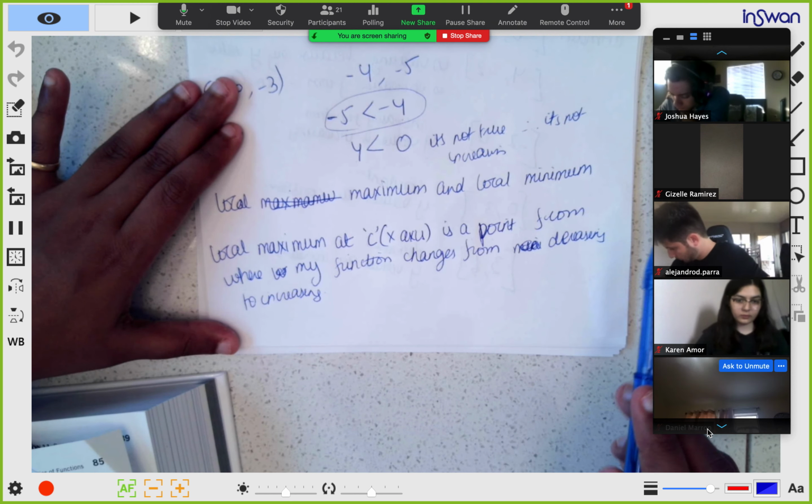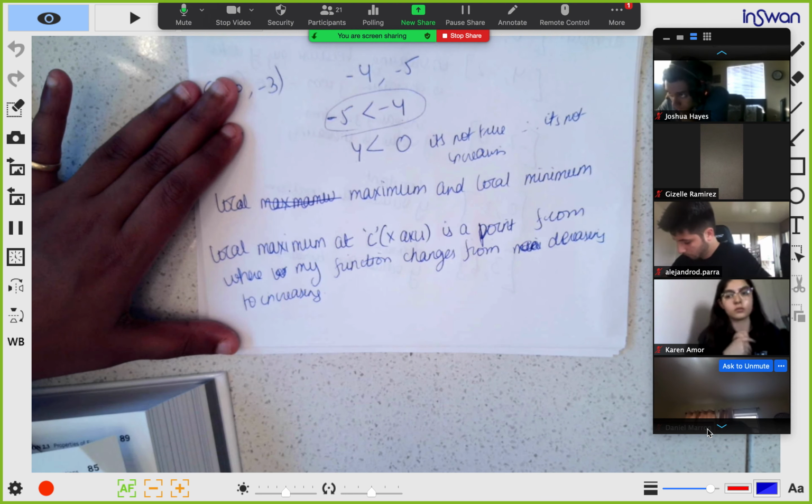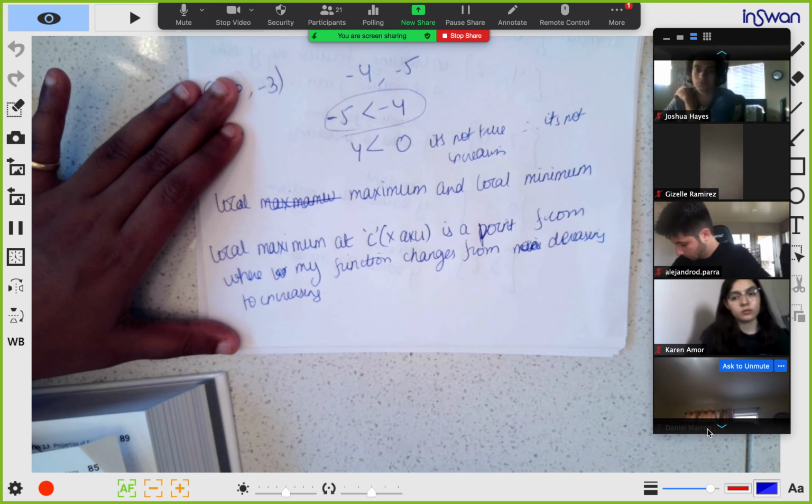This C will come from the x-axis, remember. So the point from where my function is first decreasing and then it's going to increasing, that will be the point of my maximum.